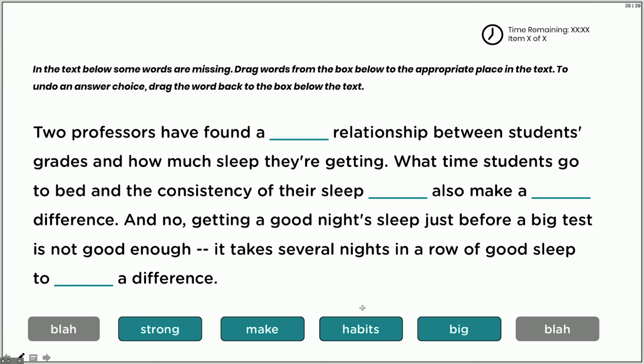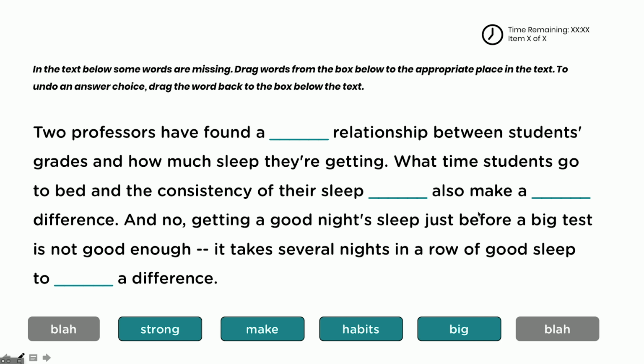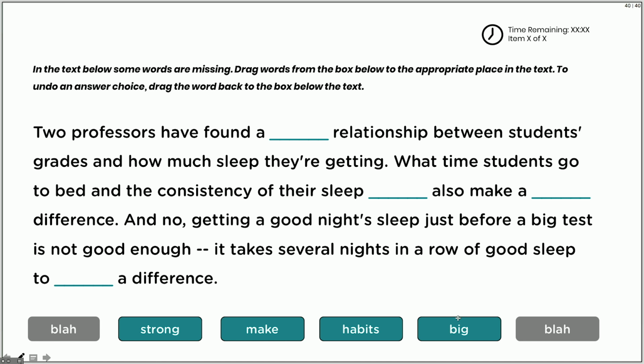Let's go with sleep habits, for example. That's a nice collocation. What is your sleeping habit? Also make a something difference. This is an extremely common collocation. A big difference. A big difference. That's a very common, natural sounding phrase in English. So the answer to that gap there is big.